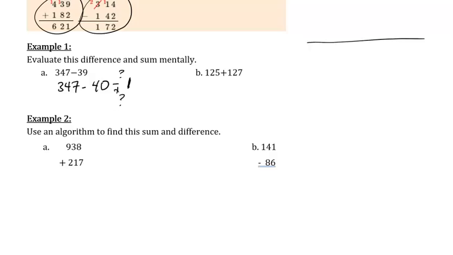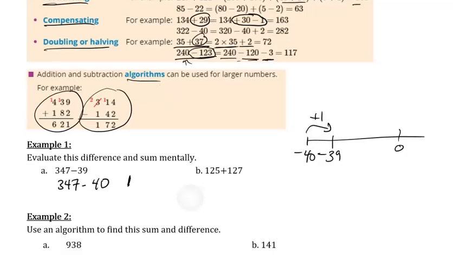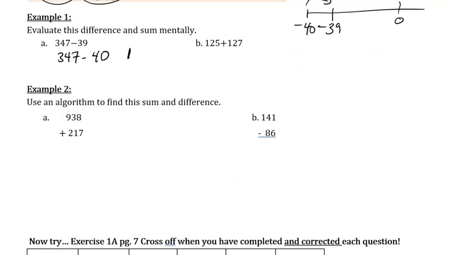So if I'm on my timeline, here's 0, and I'm on minus 39. If I go to minus 40, I took another one away, 40. So in order to spring back to where I came from, I need to add that one. So in this case, because I'm changing that number, different than when we were up here and we just separated the minus 3 out of it, I'm actually estimating and changing that number.